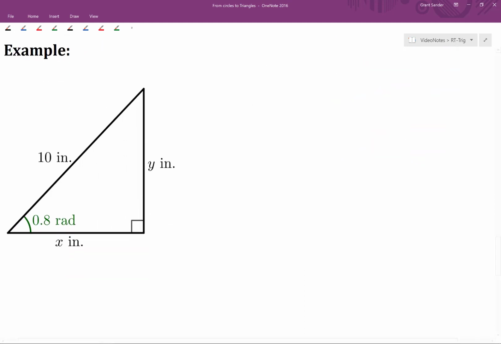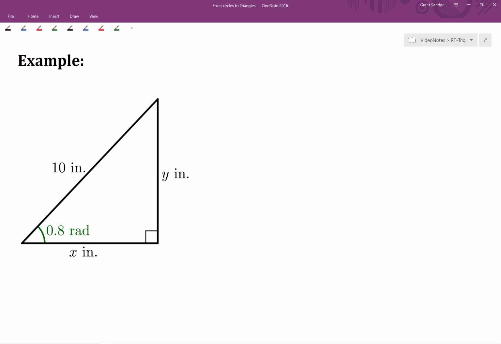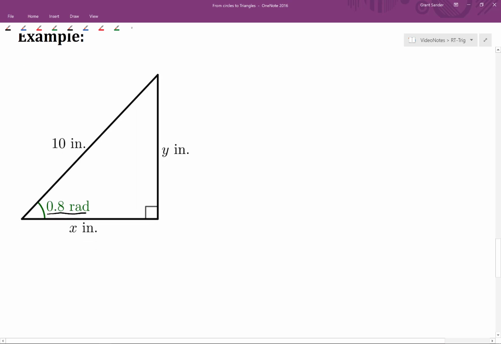Okay, let's quickly use this idea of right triangle trigonometry in a couple different contexts. So let's look at this first one, where we have a right triangle that's drawn in standard orientation. The hypotenuse of this triangle is 10 inches long, and this angle of interest down here is 0.8 radians. So we will determine the lengths of the other two sides of this triangle.